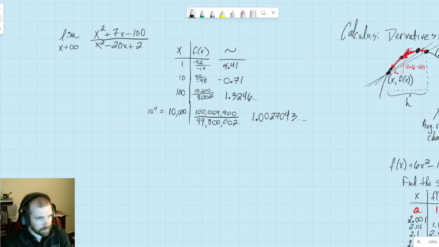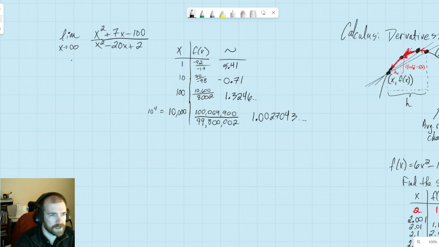So again, if we just look at this and say, what happens as x goes to infinity, becomes really, really super big, then you could say, well, this is going to be infinity over infinity. But we call this indeterminate.